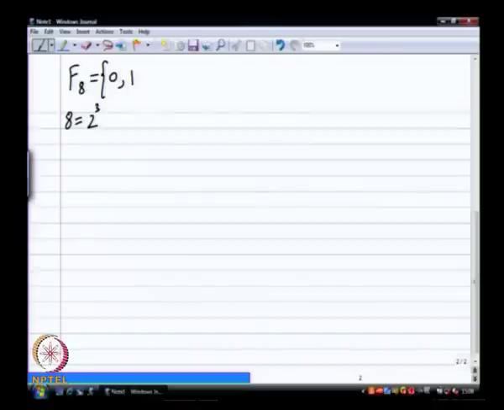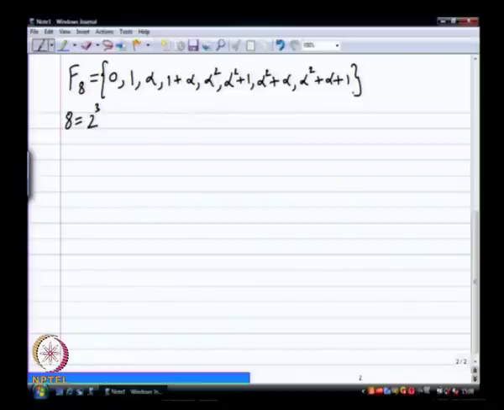So those are the 8 elements that you have. You can write them down: alpha, 1 plus alpha, then the alpha square terms: alpha square, alpha square plus 1, alpha square plus alpha, alpha square plus alpha plus 1.